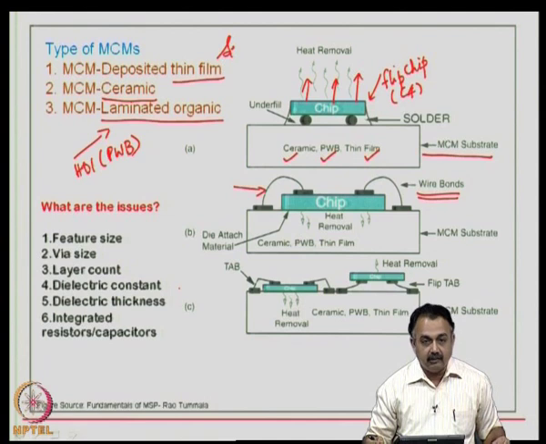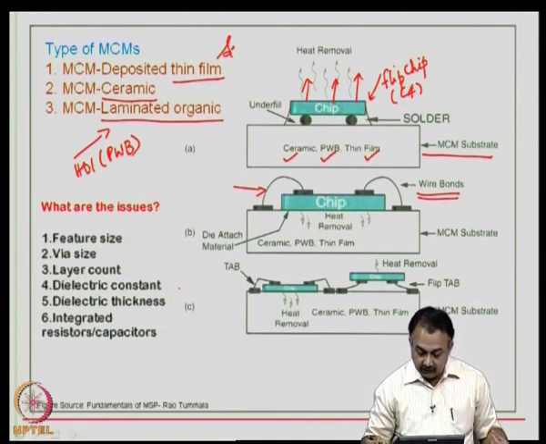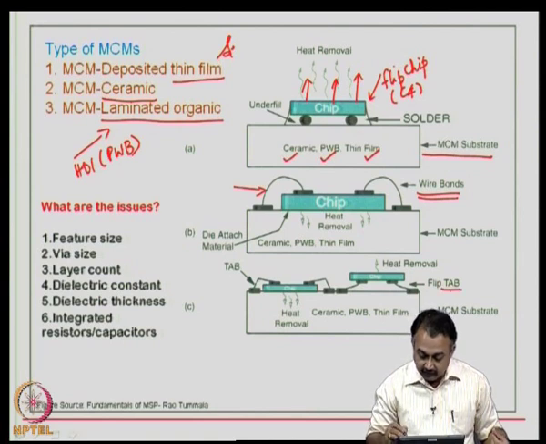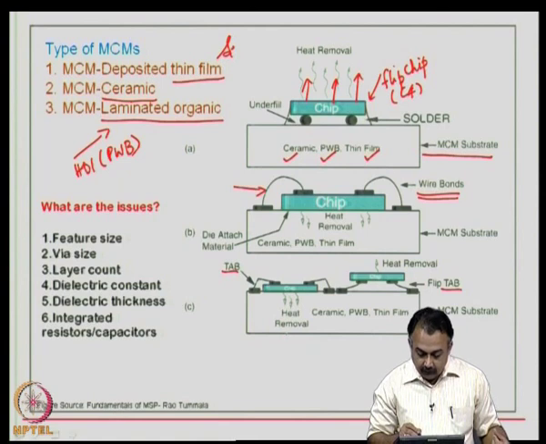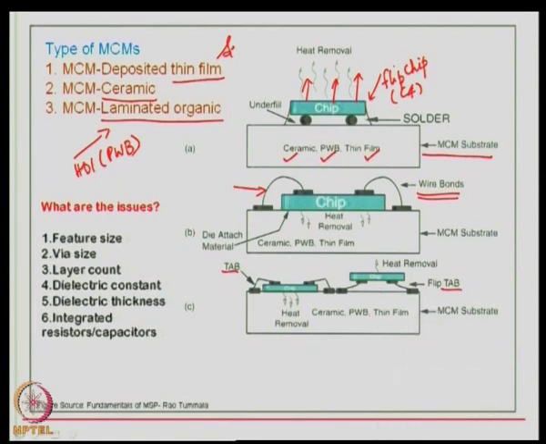So, this is the second method of first level interconnection that can take place, and the third one is tape automated bonding. Here again you can have flip tab as well as a normal face up tab configuration.